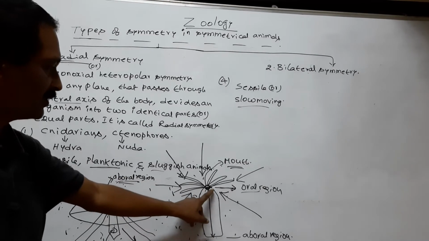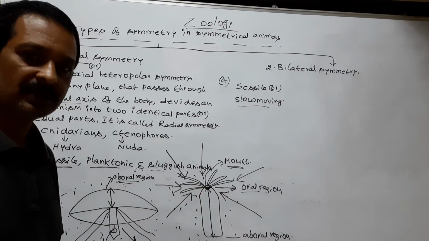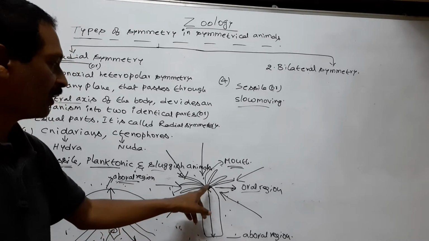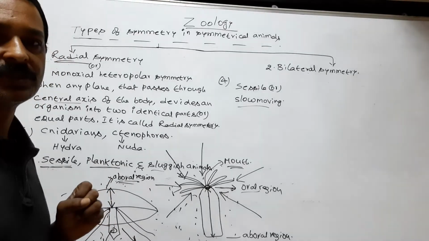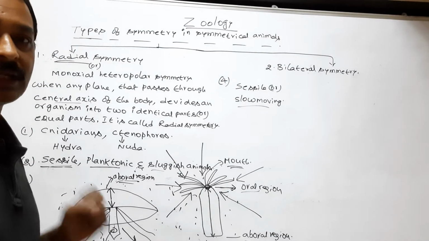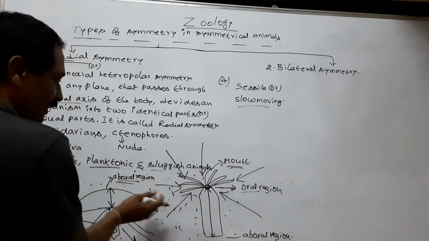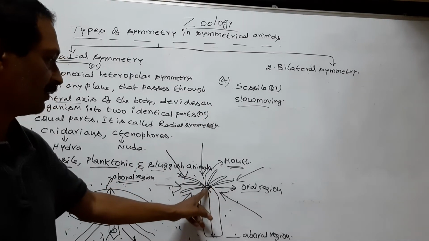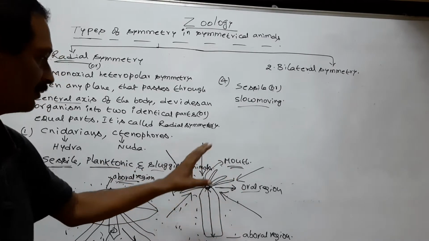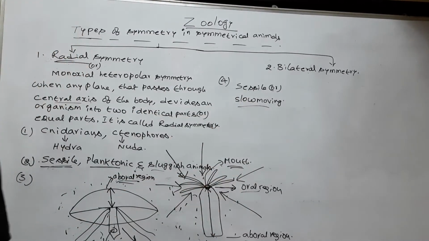The cells or tissues are arranged around the central axis. So Hydra or Aurelia receive or respond to stimuli that arrive from any direction. So it is useful to sessile or slow moving animals. Next.